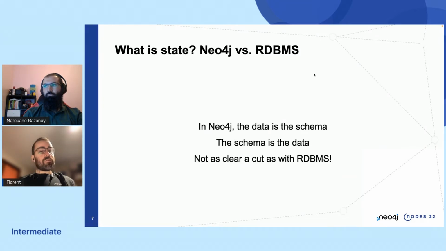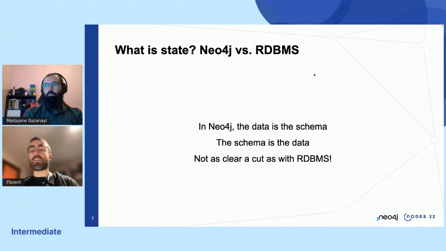And when it comes to Neo4j, of course there is structure and there is data, but there is no strict separation between the two, right? The data is a schema, the schema is the data, because you could have a lot of fun with Neo4j and get very heterogeneous data, in which case maybe there is no easy to infer schema. So that's possible.